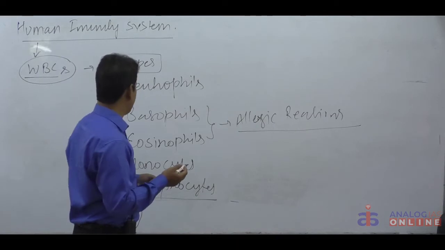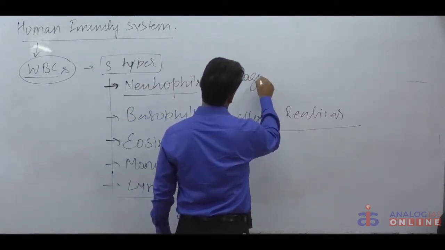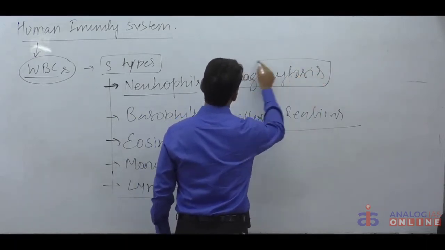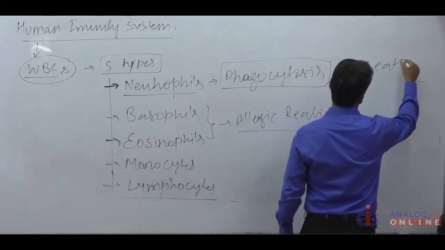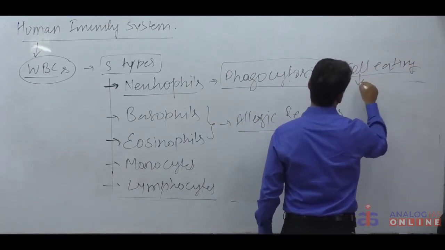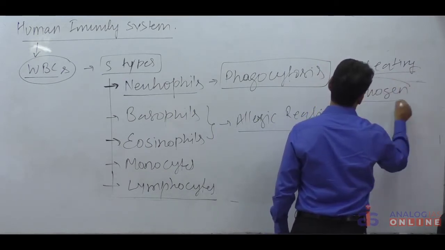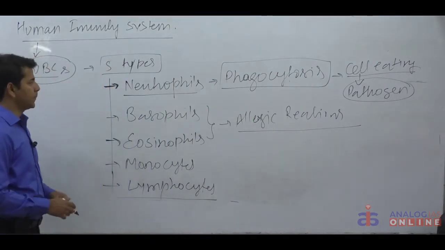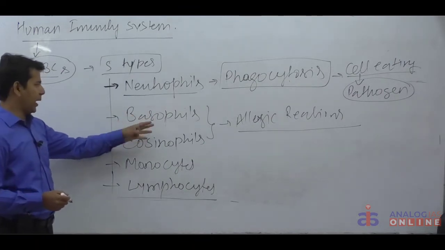all through the time. Neutrophil is basically what? It is involved with phagocytosis. That means cell eating. And which cell eating? Pathogen eating. So they just eat the pathogen. So these two are not very important if they are linked with allergy.